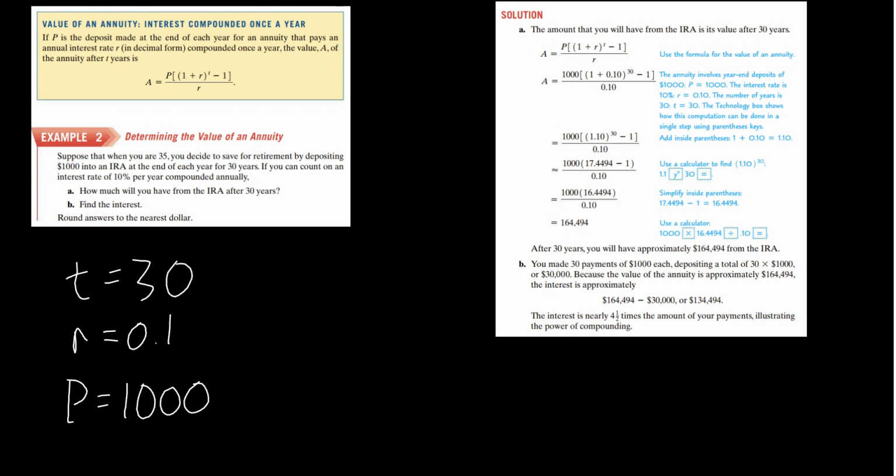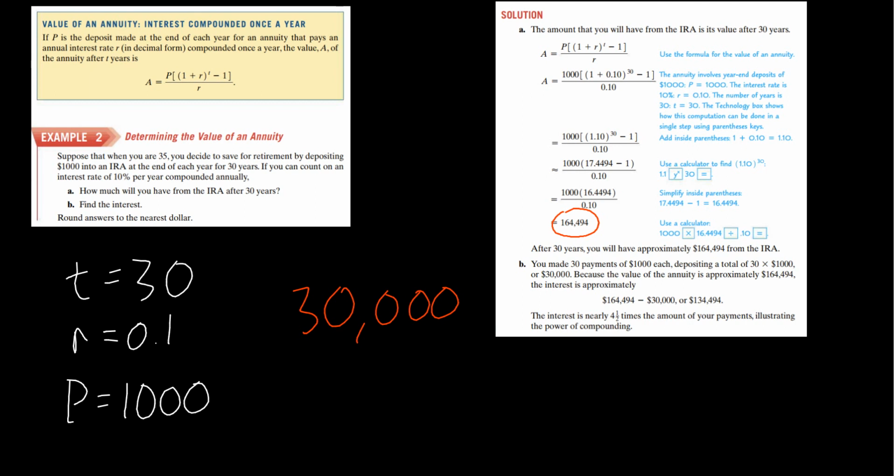All right. Well, it's wanting us to find the interest. Let's think about this for a moment. If we are putting in $1,000 every year for 30 years, that means we have put in $30,000, which seems like a lot. That's because it is. My IRA at the end of those 30 years is worth $164,494.